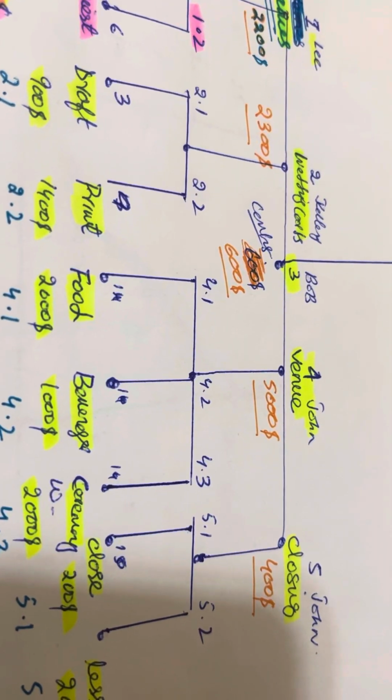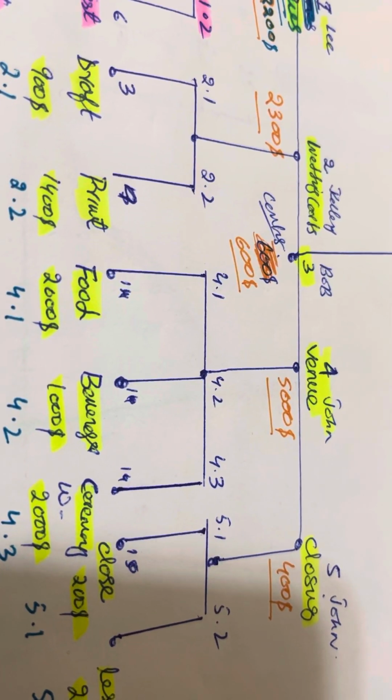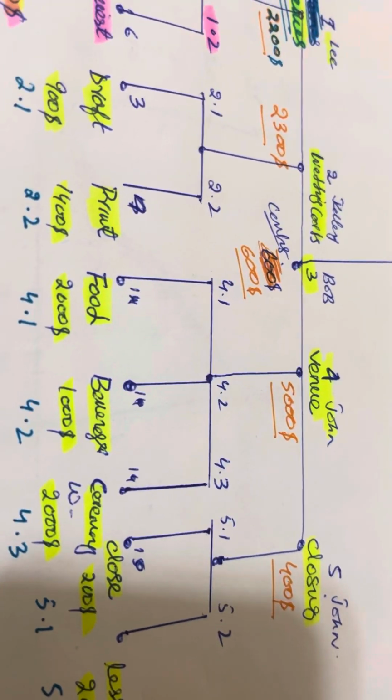In a project budget, we put contingency. So I put $600. You can do 3%, 4%, or sometimes 10% when you need it.